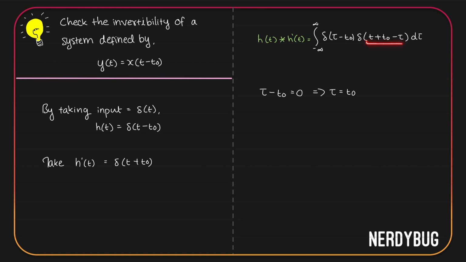The second one will be found where t plus t naught minus tau is 0. But we already found tau is the same as t naught. So t plus t naught minus t naught is equal to 0, or t equal to 0.